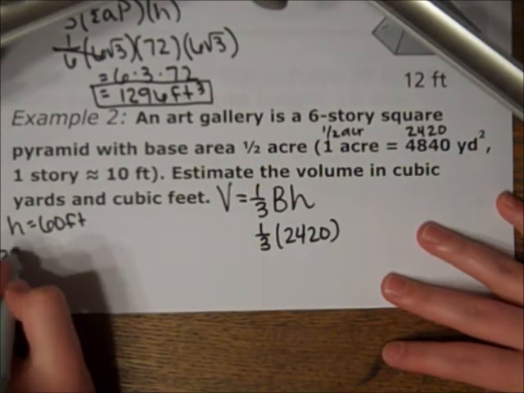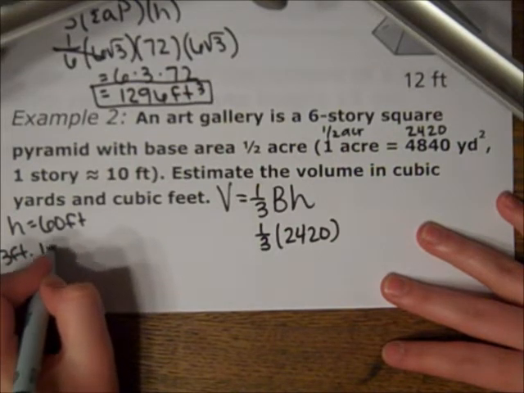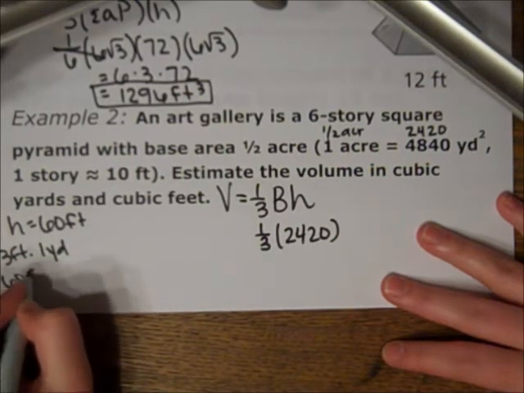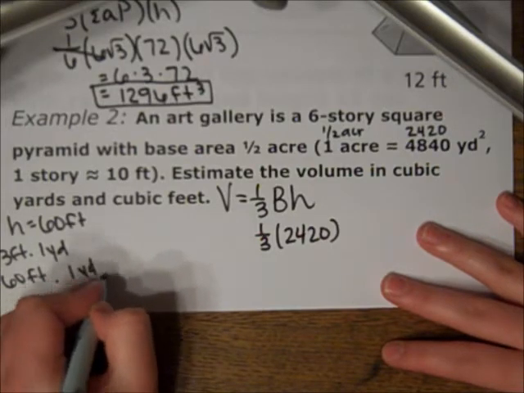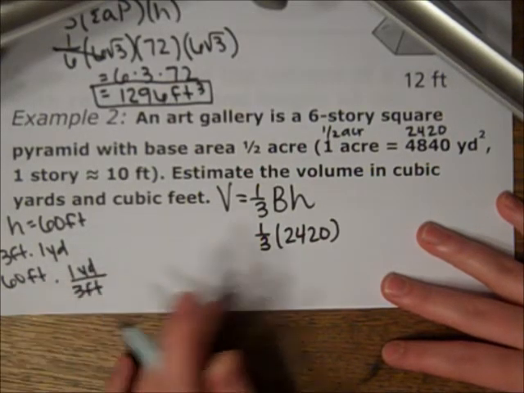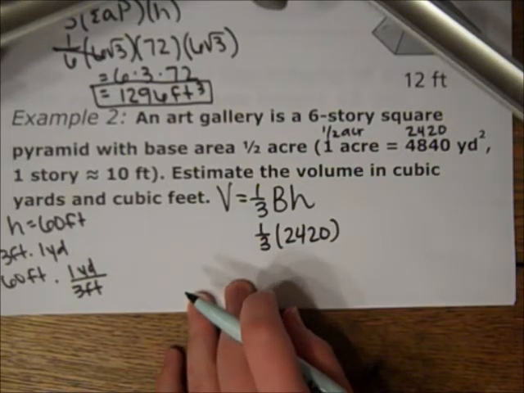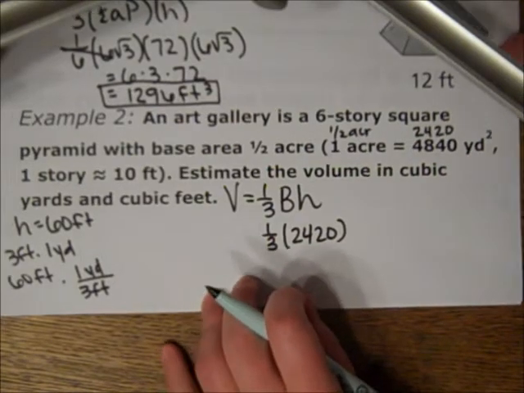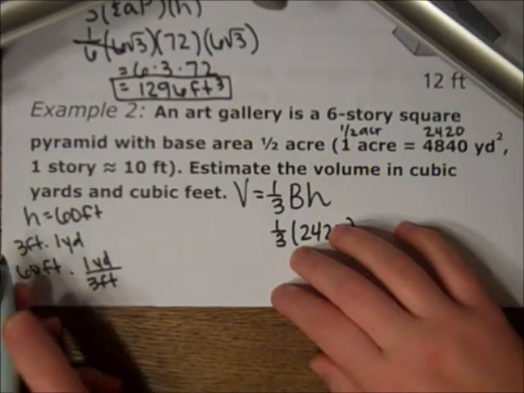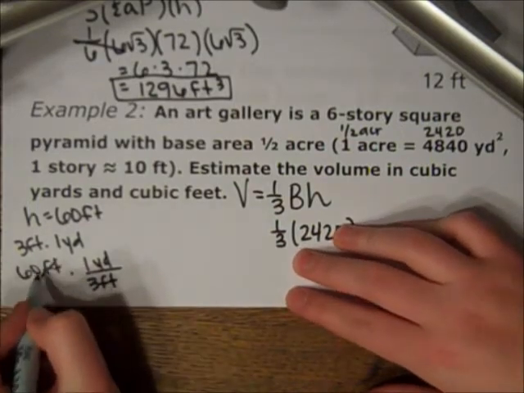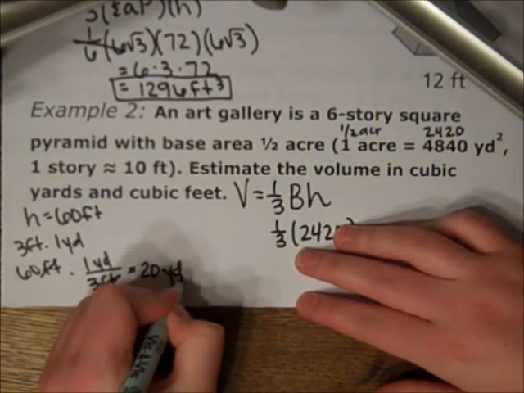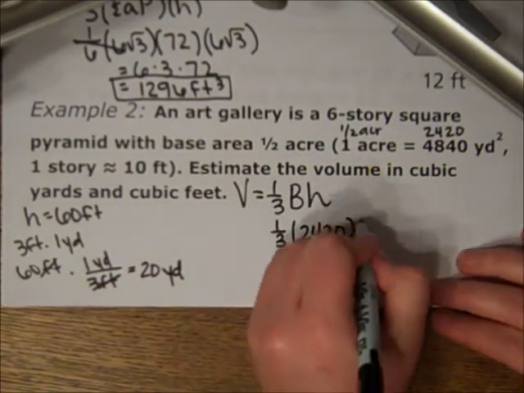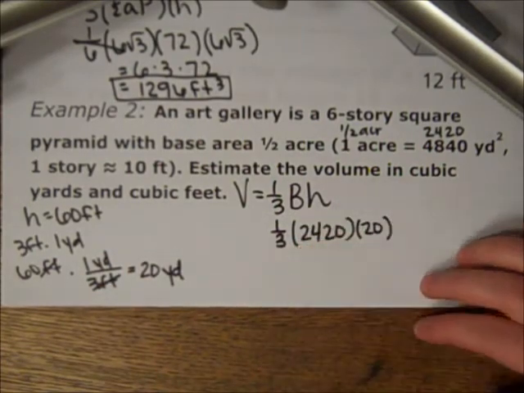I know that there are 3 feet in 1 yard, so I'm going to do 60 feet times 1 yard over 3 feet. Remember, we discussed in last night's video that we want the units to cancel out. So if I have feet on top, then I need feet on the bottom, so feet cancels out with feet. So that would be 20 yards as my height.